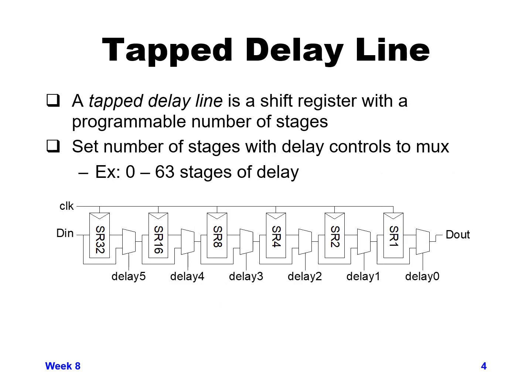Now, an extension of a shift register is using a tapped delay line. So as I said, with a shift register, you not only are storing value, but you're also delaying the value, the time between when data comes in and when data goes out.